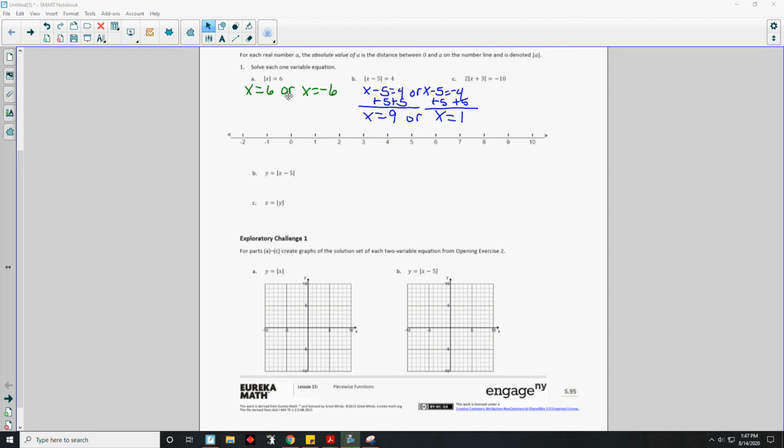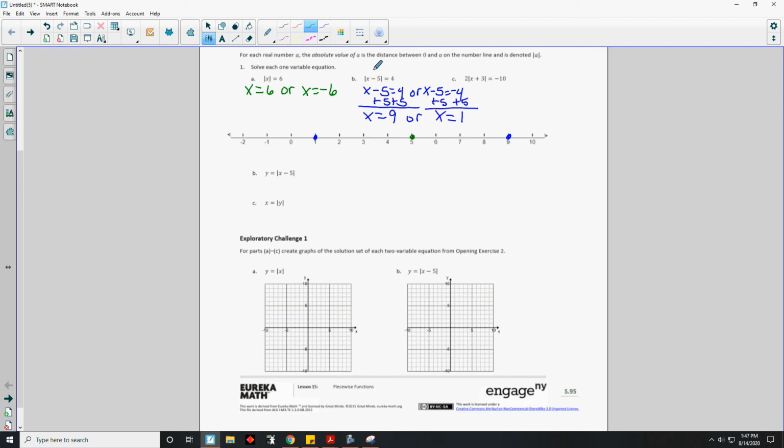Okay, so I just brought in this number line. I really want to make sure you understand what absolute values are. So we had x minus 5 equals 4, and when I did this we got the answer to be 9, so I'll put a dot there, and we had the answer to be 1. And what we were saying was we are going to be 4 units away from some number, and if I put a dot here, there's 1, 2, 3, 4 to the right, and 1, 2, 3, 4 to the left.